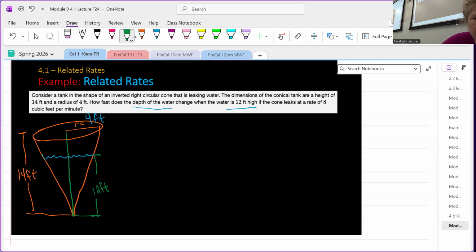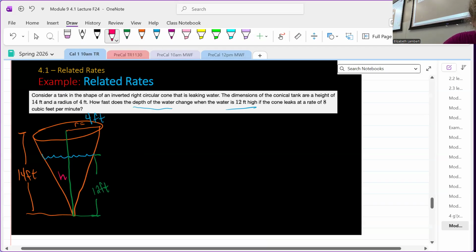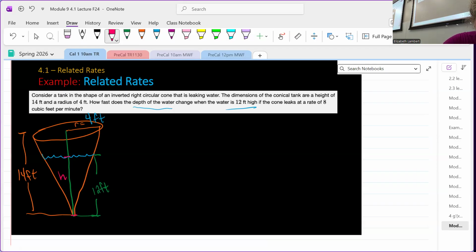They say depth, but that's still height to me. So I'm going to call this H. And then our unknown here, they're wanting us to figure out dH dt. And then the other rate they gave us was 8 cubic feet per minute.